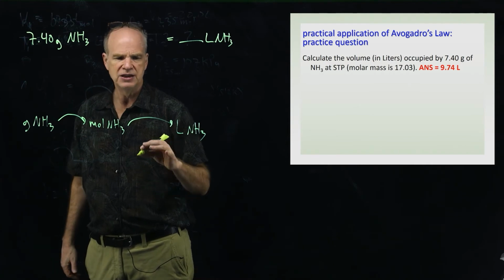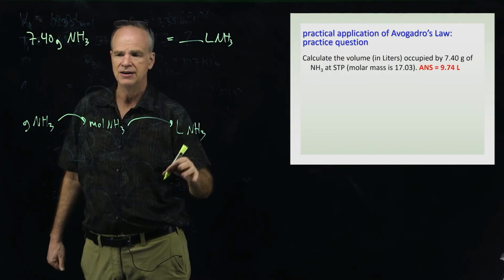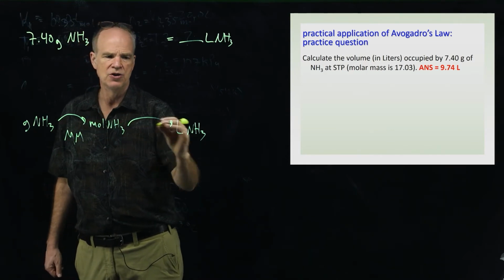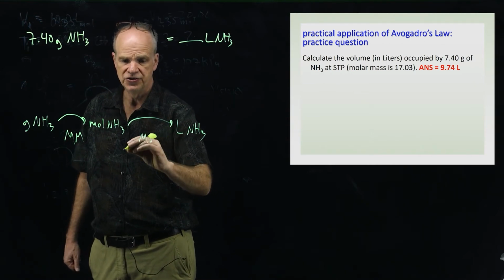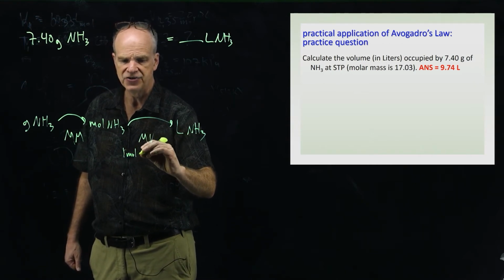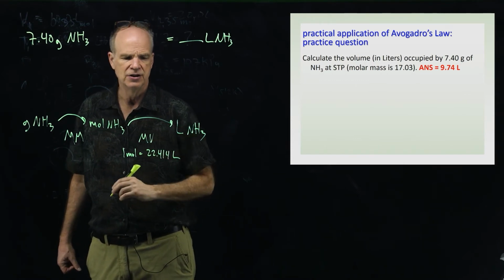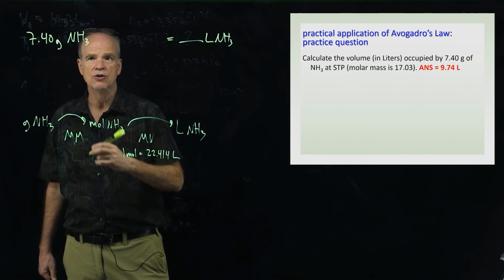So grams to moles is just the molar mass, and then moles to liters of ammonia is the molar volume, which is, again, 1 mole of any gas occupies 22.414 liters of volume. Okay, so we can go ahead and solve the problem.